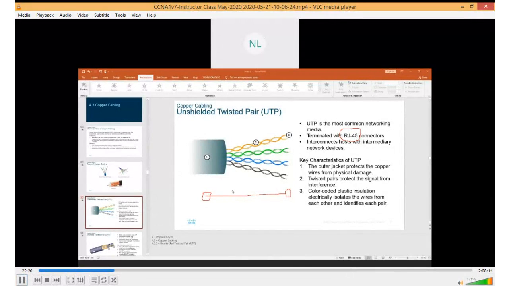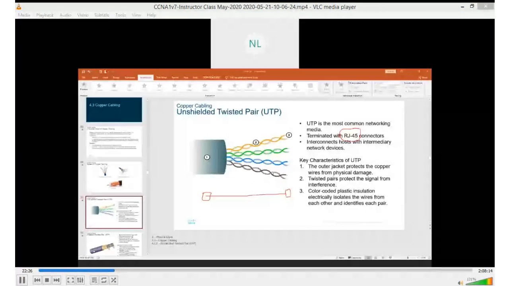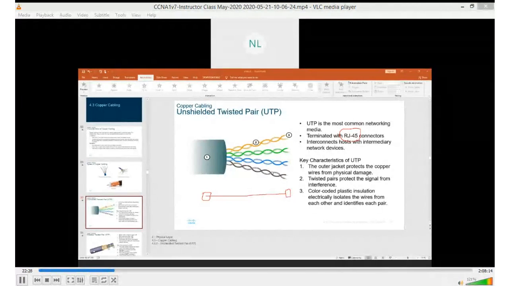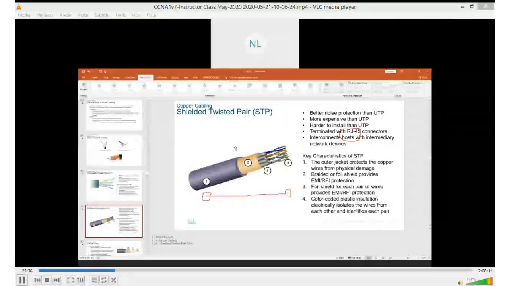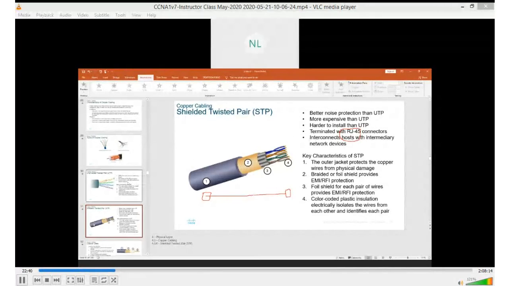And for unshielded and shielded, the termination is RJ45, which is used to connect intermediary devices together and even devices themselves. So the difference between unshielded and shielded is that the shielded twisted pair uses also RJ45, just like the unshielded, but it has additional shielding to protect it against EMI and radio frequency. And because of that, it is more expensive than unshielded.